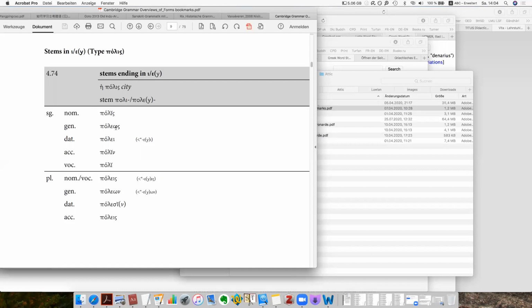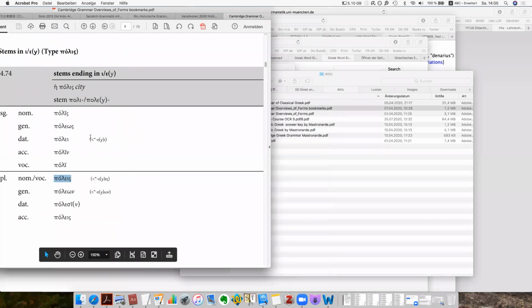Nominative polis, but genitive is poleos, and dative is polei, and accusative, well, simpler, is polin. At that time, polis and polin were easier for me. But these two, of course, you can memorize, but how and why? And this one is polīs, and this one is poleon, polesin, polīs. Okay, so now let's explain this.